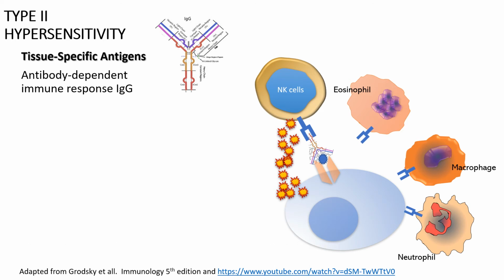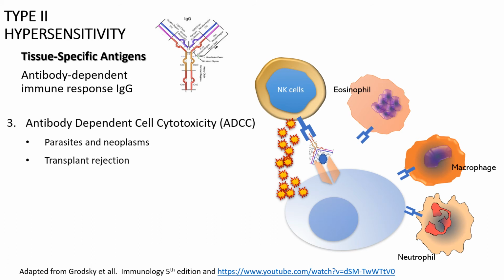This particular reaction is relatively common because IgG is a very prominent antibody that we could produce against either drugs or allergens after a first exposure, especially in this type II hypersensitivity. And this is the way that we normally deal, for instance, with intracellular parasites or with neoplasms.